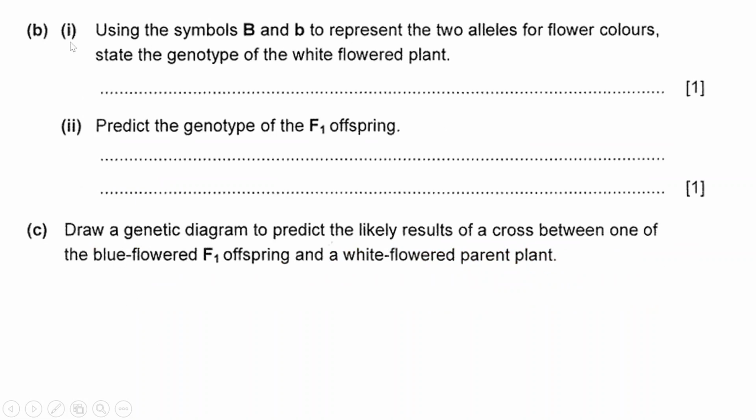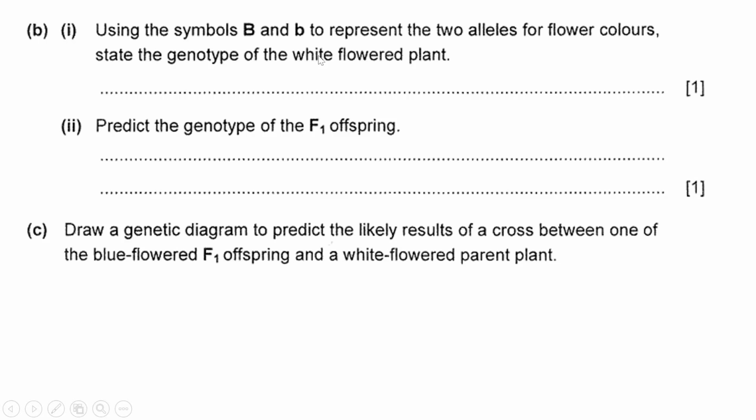B1 says, using the symbols B capital and b small letter to represent the two alleles for the flower colors, state the genotype of the white flowered plant. Okay, so here it must be shocking that we have been given the same type of allele for different colors.